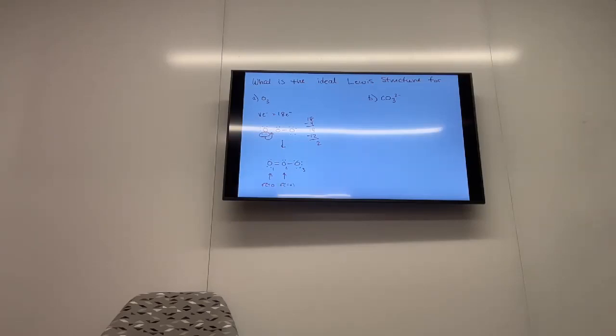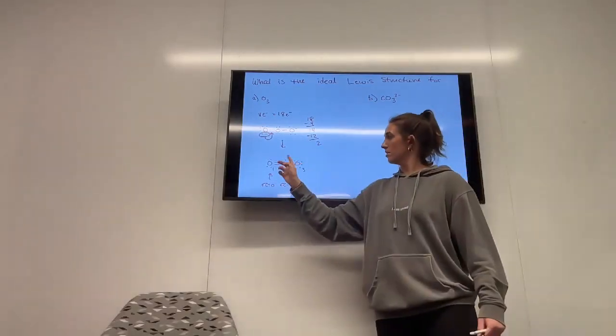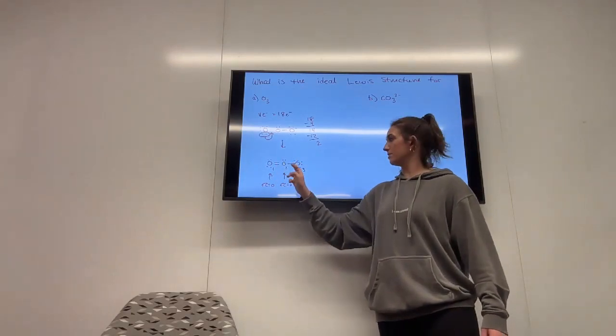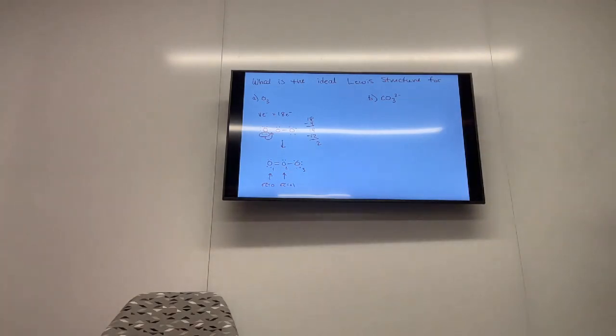How do you get to positive 1? Awesome, right? We have 6 as our valence electrons of oxygen minus the 2 dots we have minus the 3 lines we have. Okay, so that should be positive 1. Perfect. Okay, and then what is that formal charge of oxygen 3?